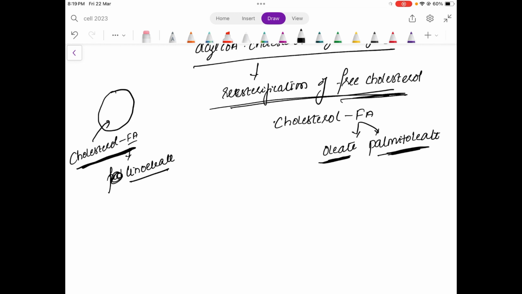When LDL molecule is transporting cholesterol from liver to the cells, the fatty acid attached to the cholesterol is linoleate, but inside the cell, in re-esterification, the fatty acids which are used are oleate and palmitoleate.